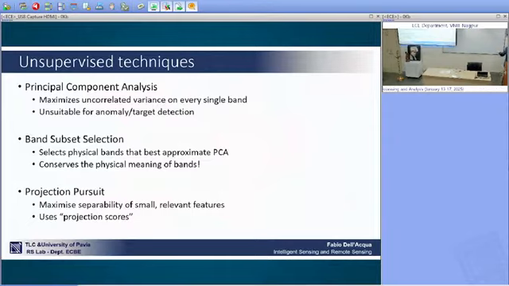And that's why all these feature reduction or feature selection methods have been developed. So it doesn't mean that the data is useless. It just means that it may be useless for your specific purpose in that case.